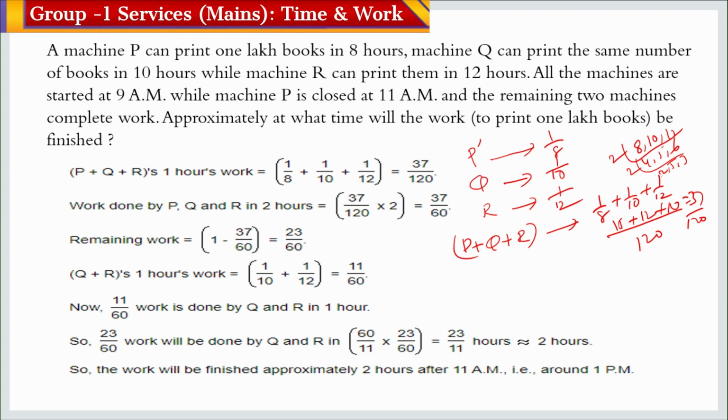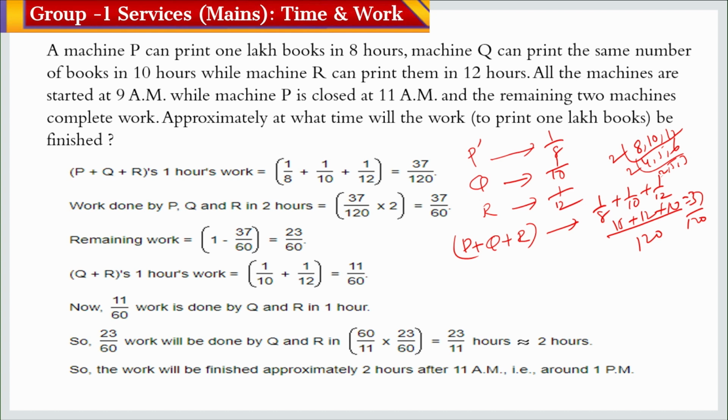What is the given information? All the machines are started at 9 AM and machine P is closed at 11 AM and the remaining 2 machines completed the work, correct. So from 9 AM to 11 AM all the machines worked together, means the work done by all 3 in 2 hours, you have to calculate.